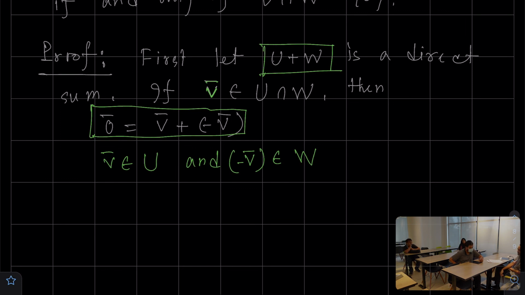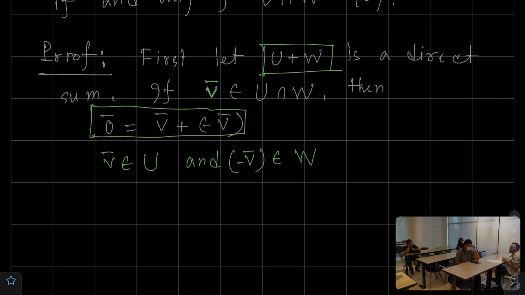Hence v is both in U and W, which means that v is in U. And since v is also in W, minus v is also in W because W is a subspace. So v vector is in U and minus v vector is in W. And 0 has this decomposition, which contradicts the fact that 0 can have only that decomposition, 0 plus 0.